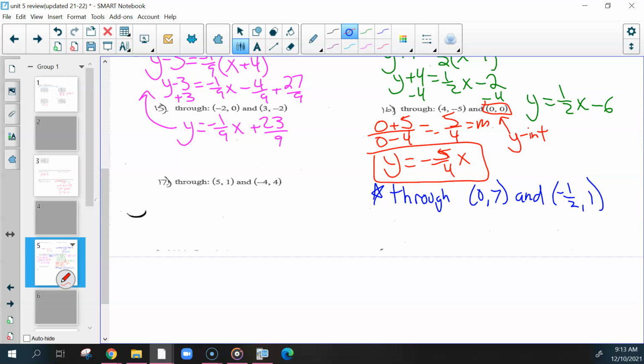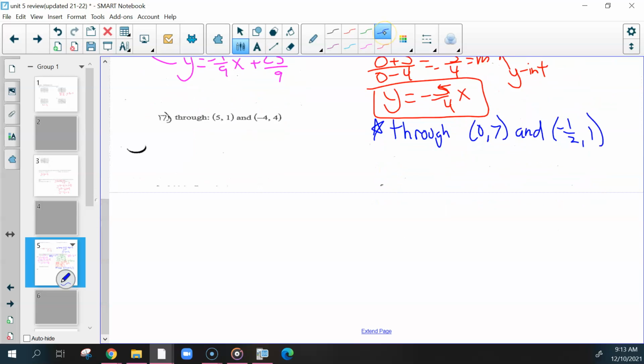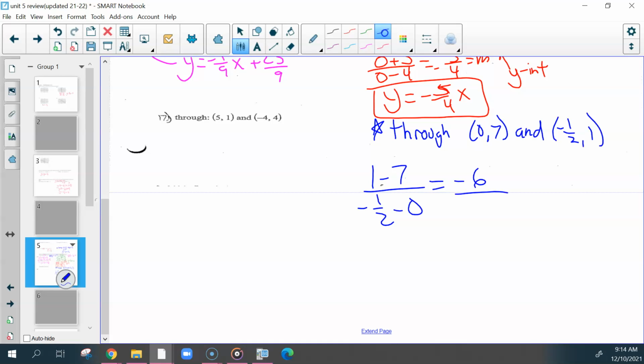Now let's do this one that we wrote down. Find our slope first. So we have 1 minus 7 over negative 1/2 minus 0. In our numerator, we have negative 6. In our denominator, we have negative 1/2. You could either put this part in your calculator or do it by hand.